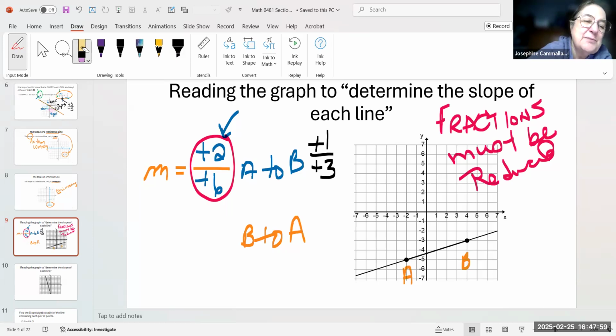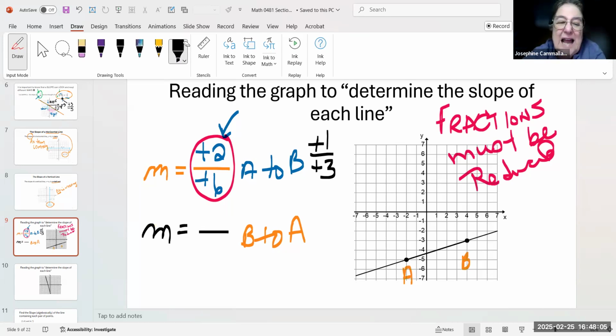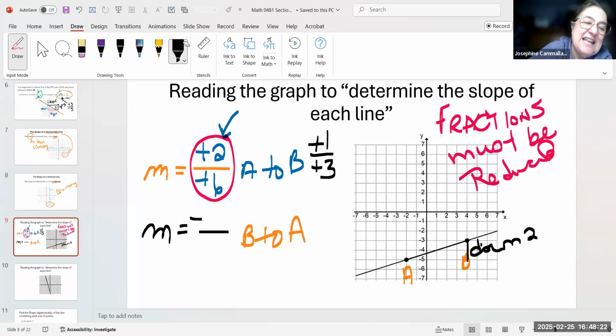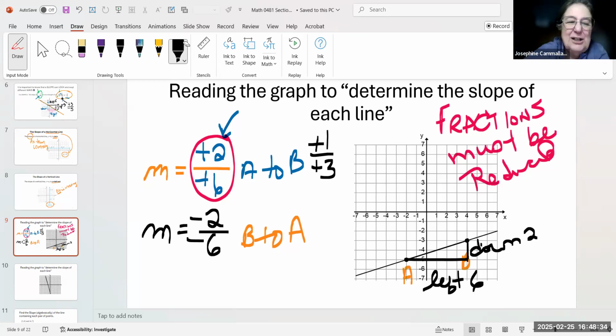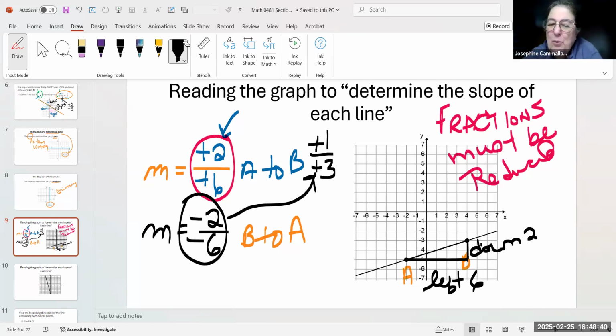Okay, this is my cursive M. Now, I'm going from B to A. Now, I've got to go up, down first, which means I'm going down 2. That's -2. And then I'm going left 6. Well, when you reduce this fraction, doesn't it still give me a positive 1/3?